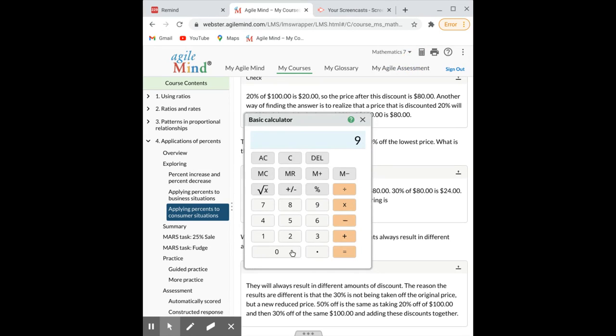No, because 90 minus 10% is 9. So 90 minus 9 is 81. So the whole reason it's different is because we're not taking it from 100%, we're taking it from the discounted amount. Correct. And that's why they're different.